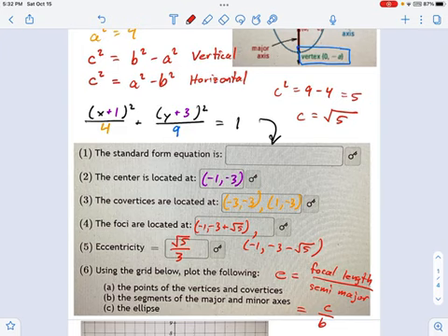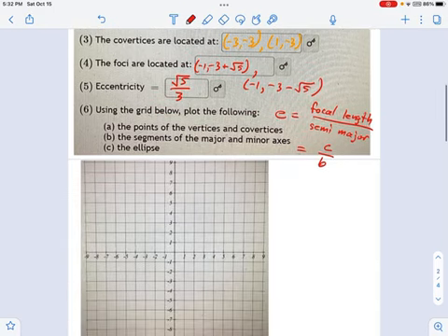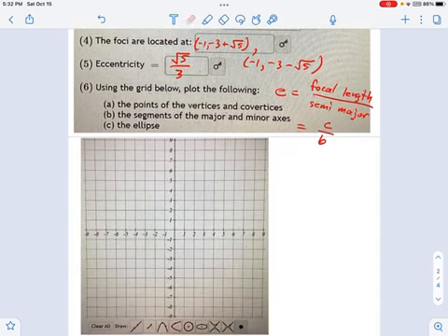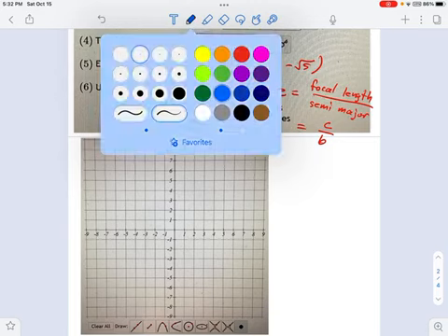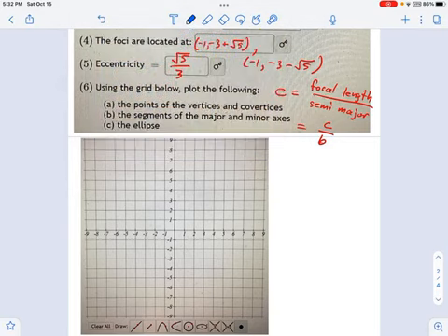Now drawing it is very easy because a lot of those key points we were just given. So we can just go ahead and plot those on the graph. If you go back earlier and look at where your vertices were located, one of them was at -1, 0. One of them was at -1, -6. And you have the major axis going between them.